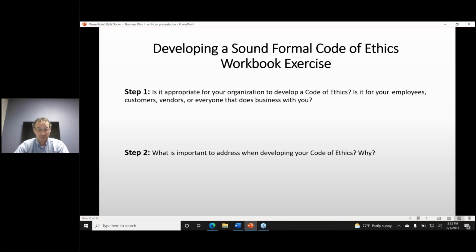What is important to address when developing your code of ethics? And why? Why is it important to address that? In the financial services industry, it was very important because if they did something wrong, it not only came back on them, but it came back on me as the broker owner.